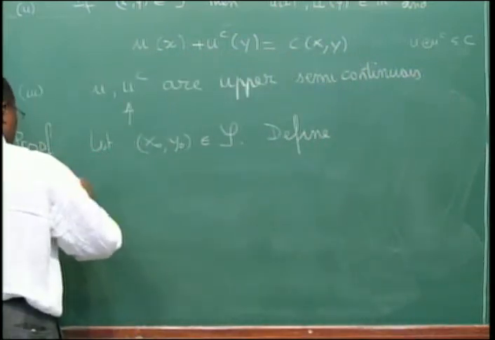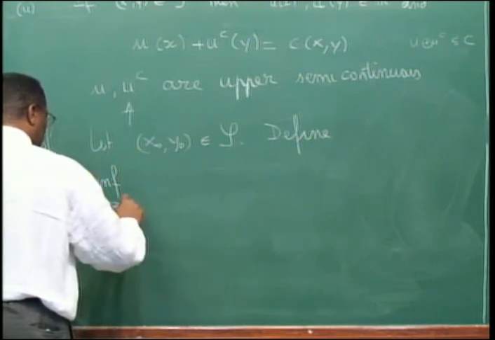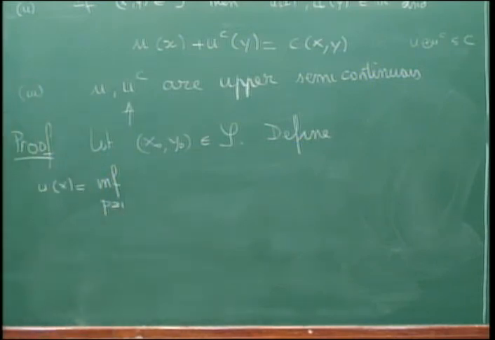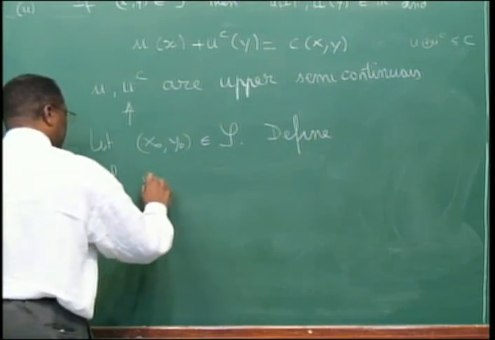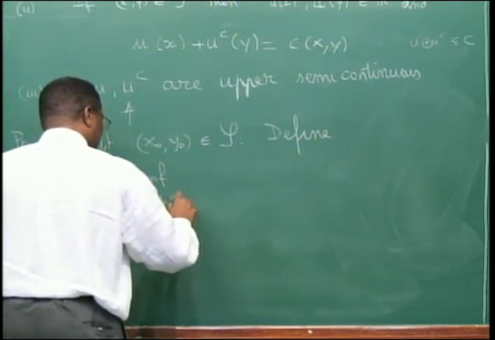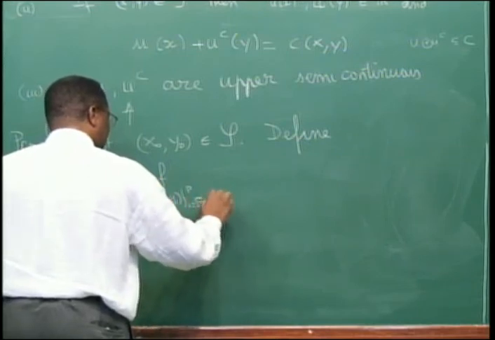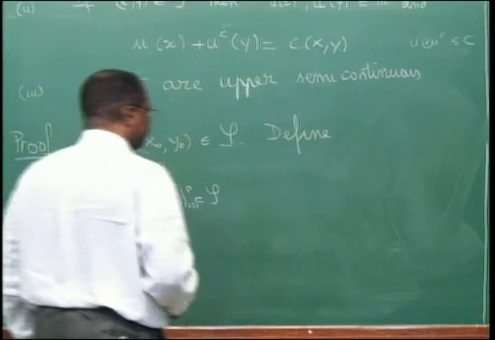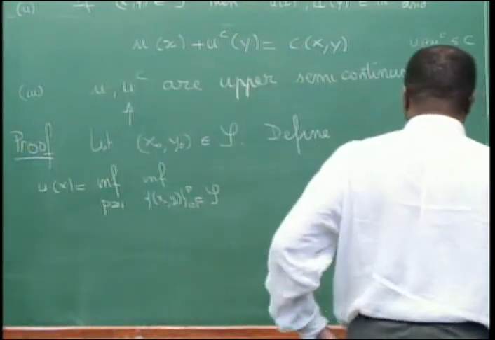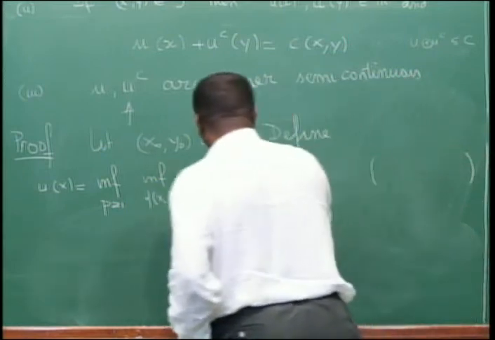I am going to define U of x to be the infimum over P greater than or equal to 1, integer, the infimum over xi, yi, i from 1 to P, subset of S. And then I am going to compute something.